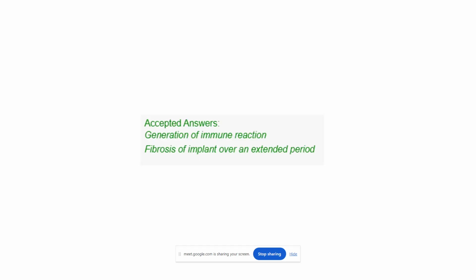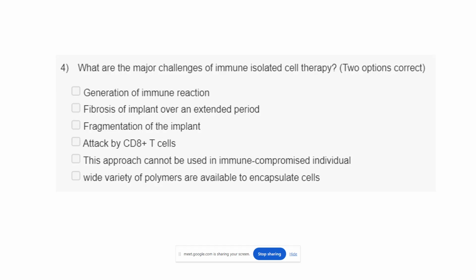Okay. So option 1 and 2 would be the correct answer. Generation of immune reaction and fibrosis of implant over an extended period. So immune isolated cell therapy is basically preventing an immune reaction, thereby providing therapy. So the generation of immune reaction is one of the major challenges.